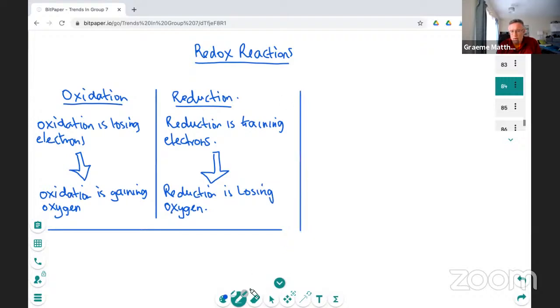Oxidation state at GCSE, what you learned was that there was a charge on the ion. So ions have a charge.